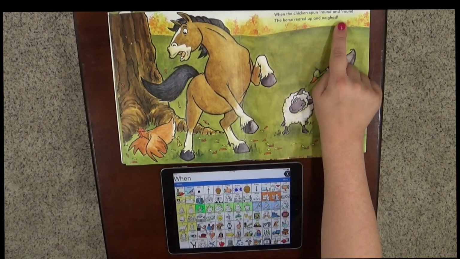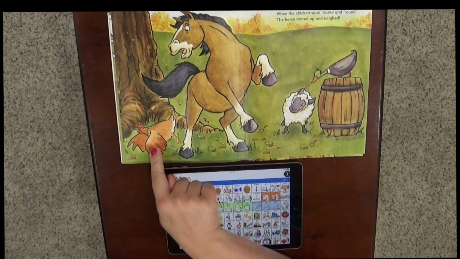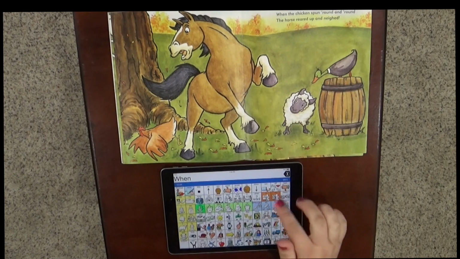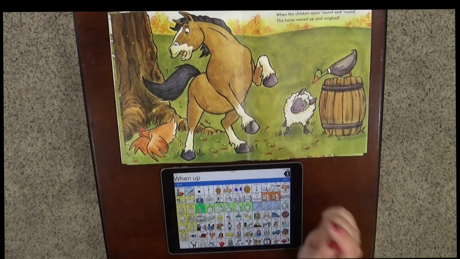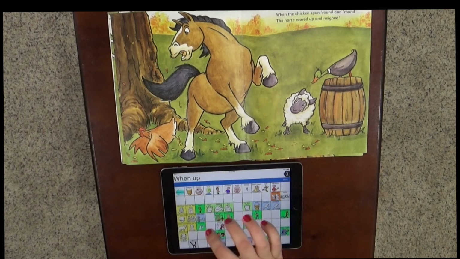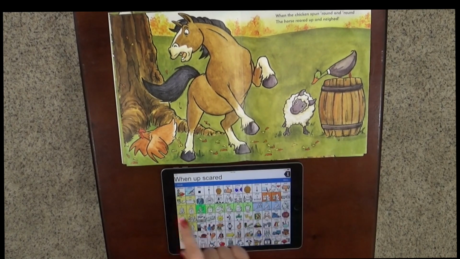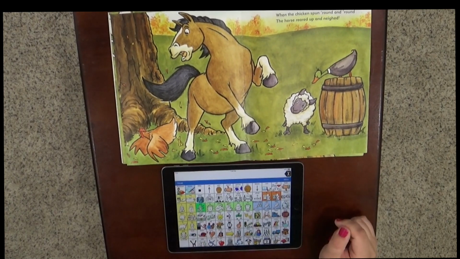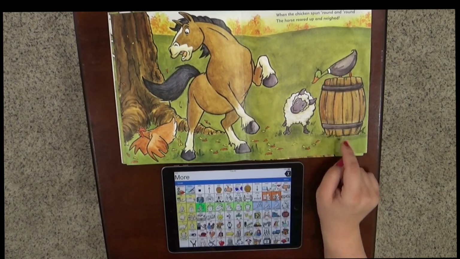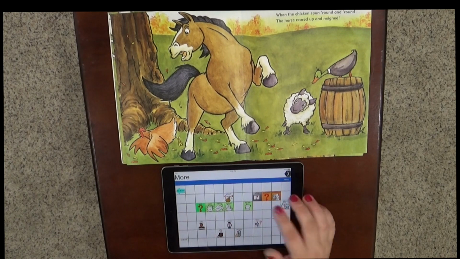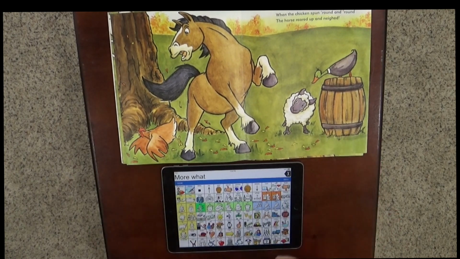When the chicken spun around and around, the horse reared up and neighed. It got scared, I bet. It was scared from the chicken spinning. We have some more animals now. What is going to happen?